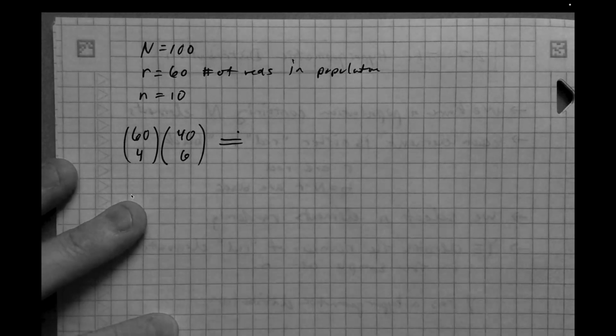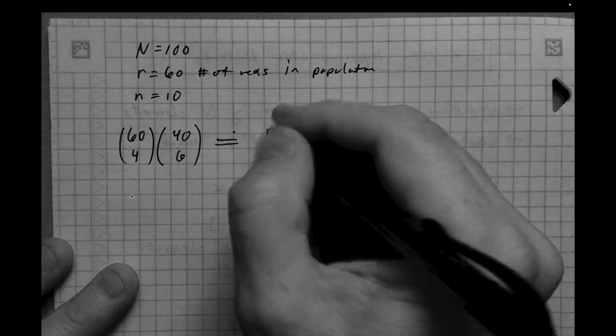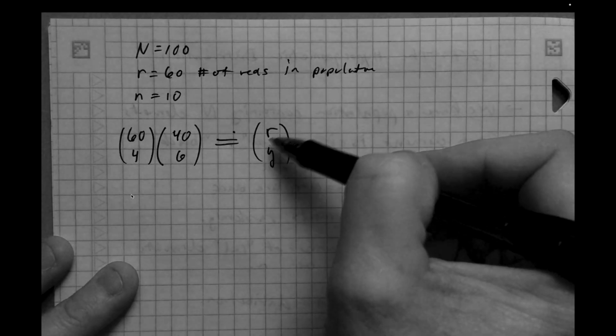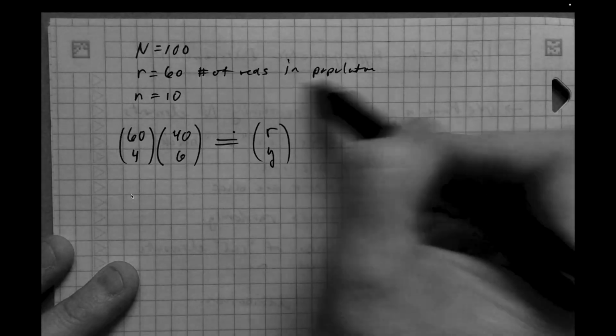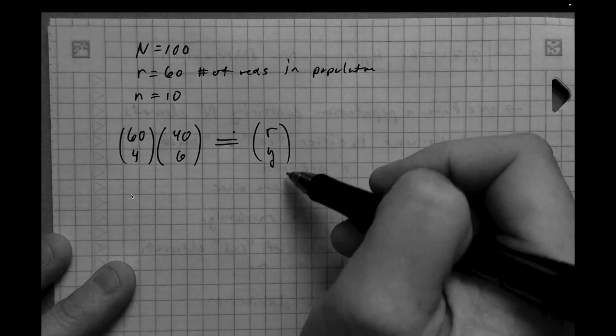What's really happening here in general is R choose Y, R being the number of reds in the population, the number of items of interest in the population, Y being the number you specifically want to have in your sample.